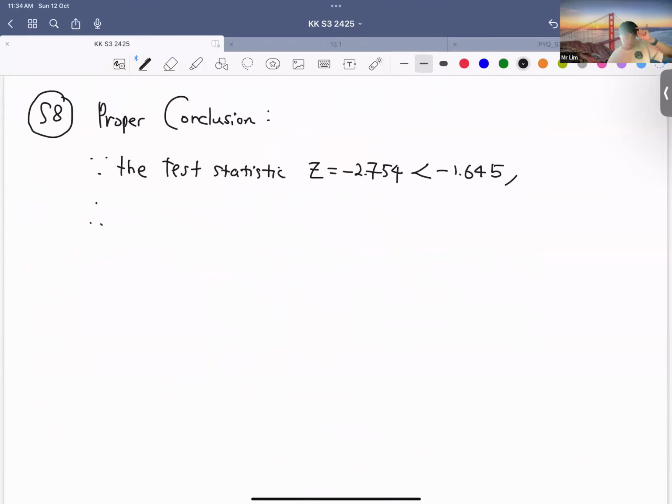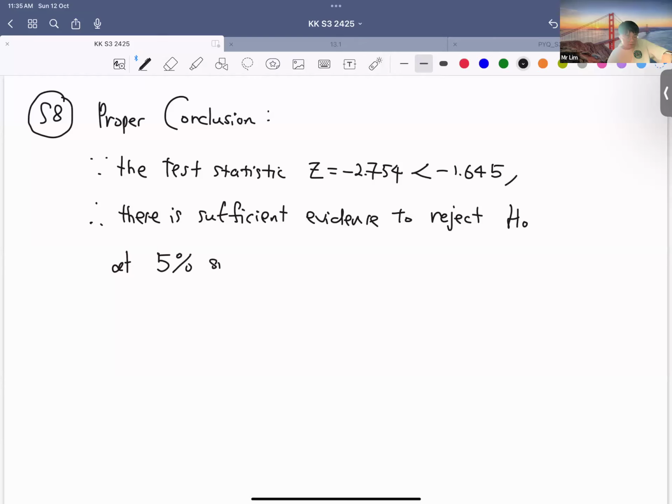Therefore, listen, there is sufficient evidence to reject the null hypothesis at 5% significance level.